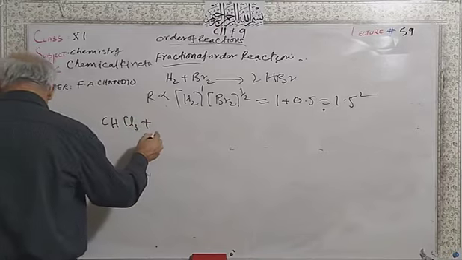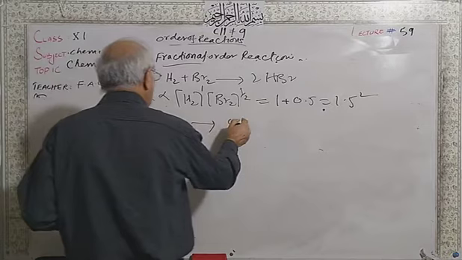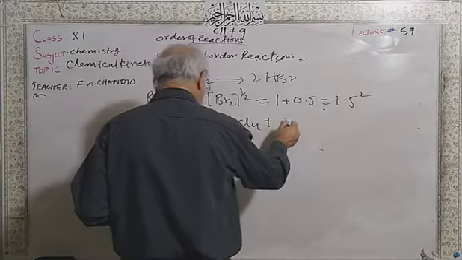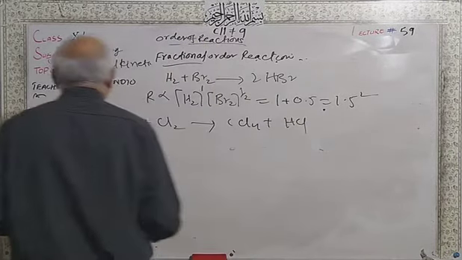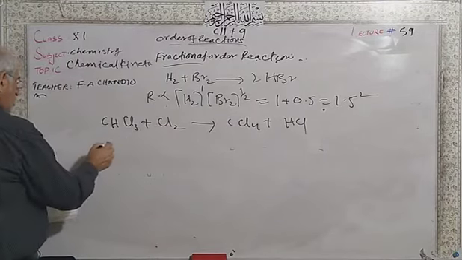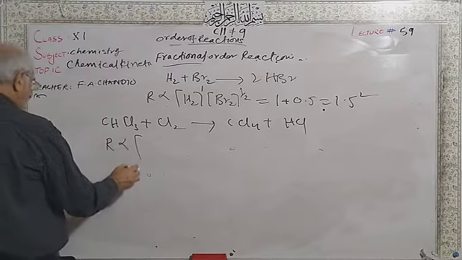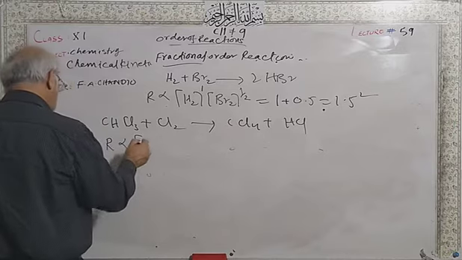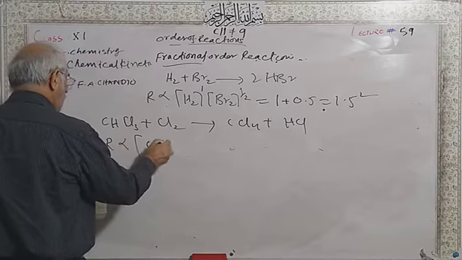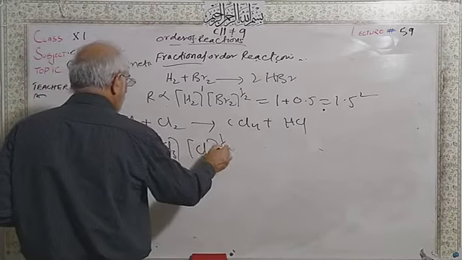Same case for another example, you have chloroform reacting with chlorine, so you will get carbon tetrachloride plus HCl. So this needs only 1 chlorine here, but there are 2. That's why according to the rate law and also the rate determining step, 1 mole of chloroform participates with half mole of chlorine.